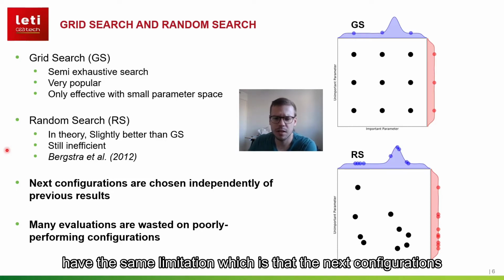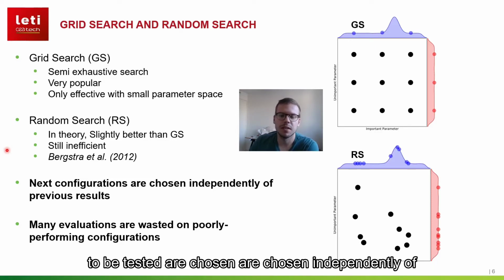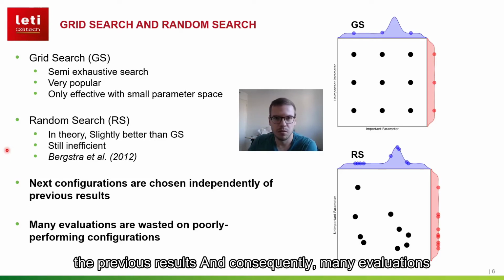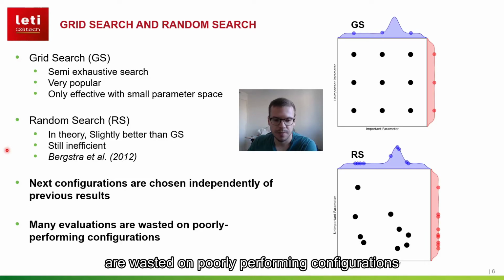But both techniques have the same limitation, which is that the next configurations to be tested are chosen independently of the previous results, and consequently many evaluations are wasted on poorly performing configurations.